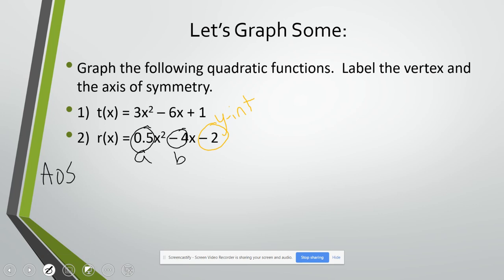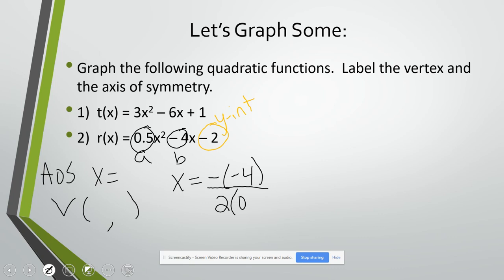So our AOS at x equals and our vertex are both going to start with our x equals -b over 2a. -4 is +4. 2 times 1/2 is 1. 4 over 1 is 4. So the x value of our vertex is at +4.